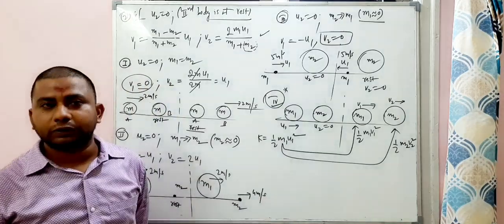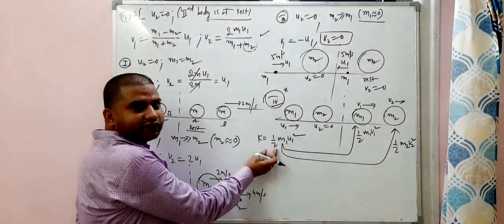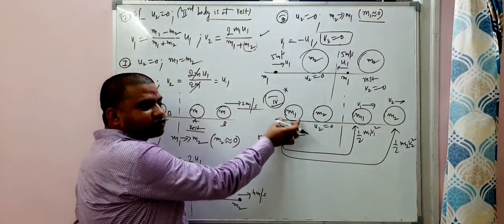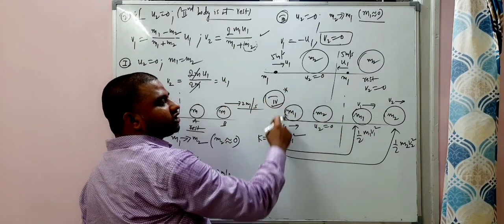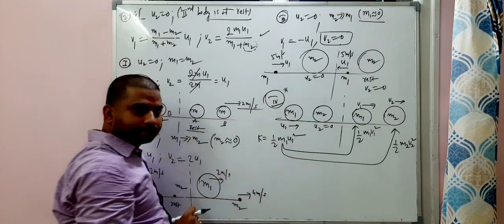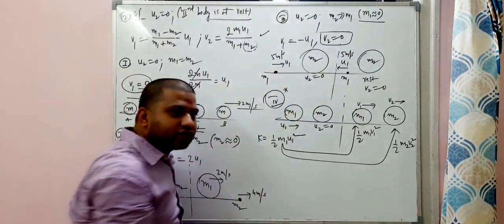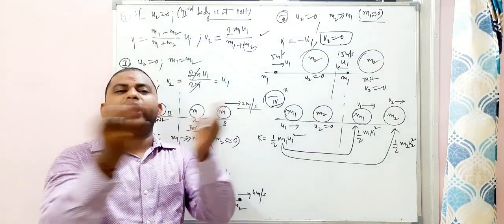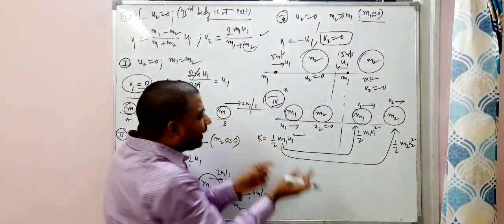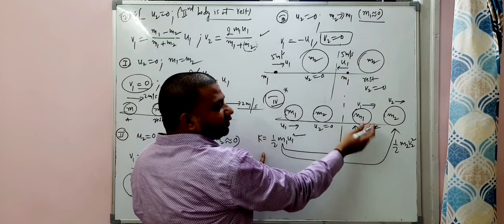Carefully observe. Suppose the first body is possessing 50 joules, and that's the 50 joules before the collision, the kinetic energy of the system. After the collision, that 50 joules will be transferred in different ways. Some part of the 50 joules is retained with the first body.